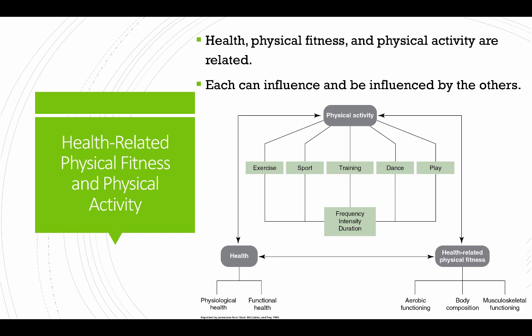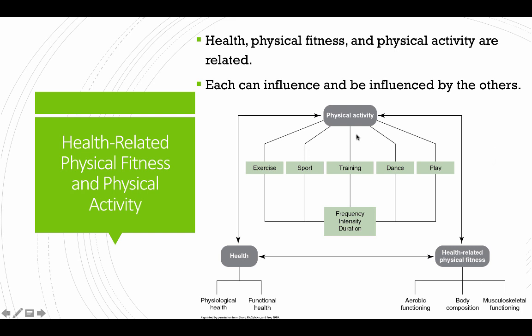So one of the biggest things that we need to be aware of is that health, physical fitness, and physical activity are all related. They can be influenced by each other. So if we look down here at health, we have psychological health, functional health, health-related physical fitness, which is aerobic function, body composition, musculoskeletal function. Then we also have skill-related fitness, which we'll talk about a little bit later.